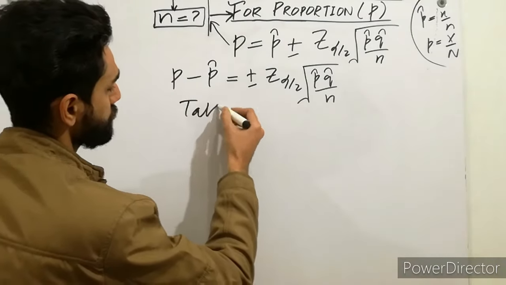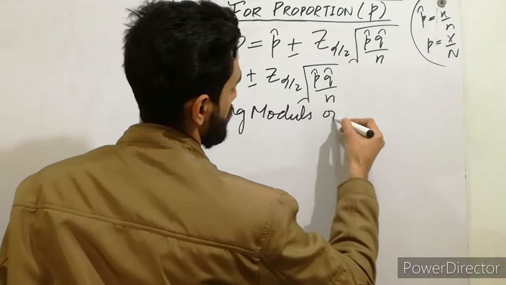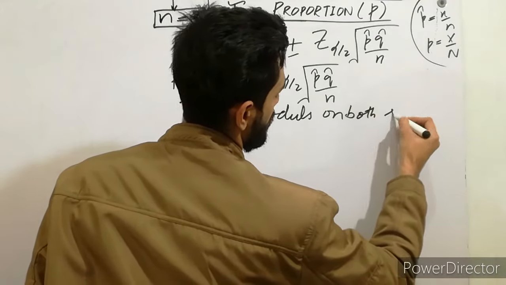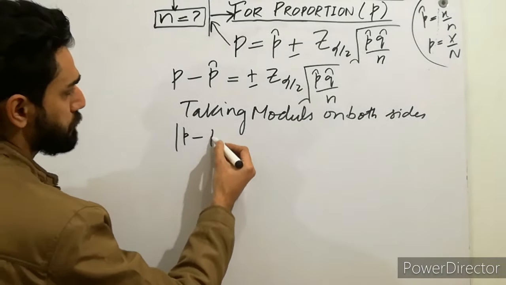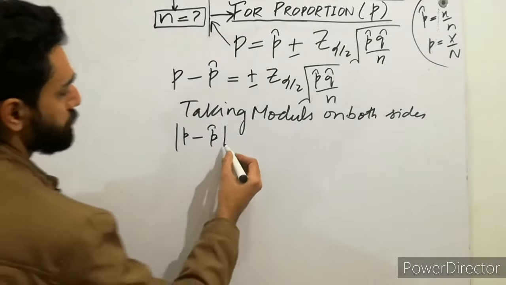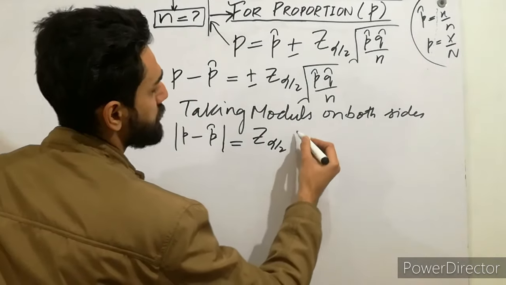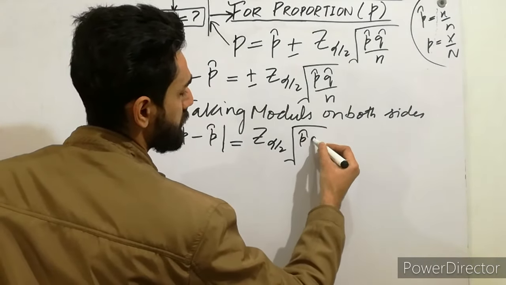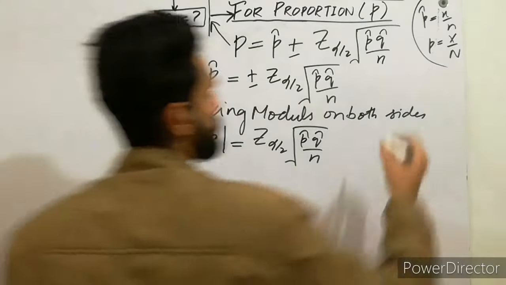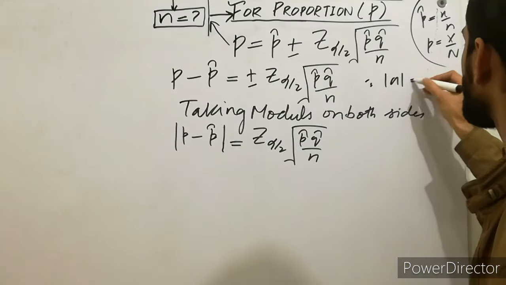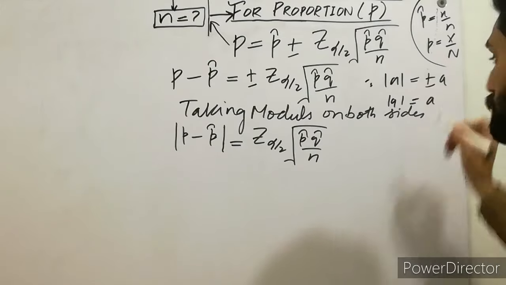Taking modulus on both sides, modulus of P minus P hat is equal to Z alpha by 2 square root of P hat Q hat divided by n. The plus minus is removed because you already know that modulus of A is equal to plus minus A, and also equal to simply A.